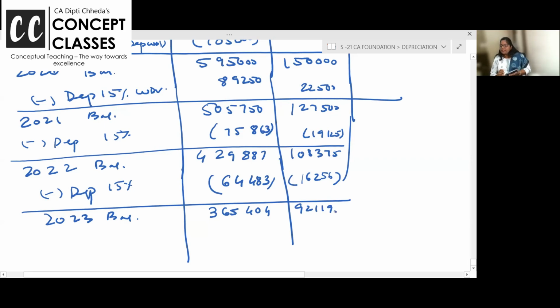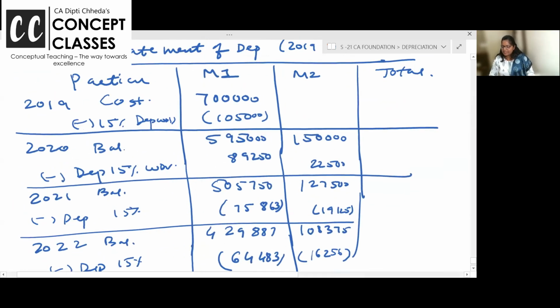The balance is 92,119. 92,119 is the value on 1st January 23, and from here you are going to change the value of the asset. The value of the asset changes from here.